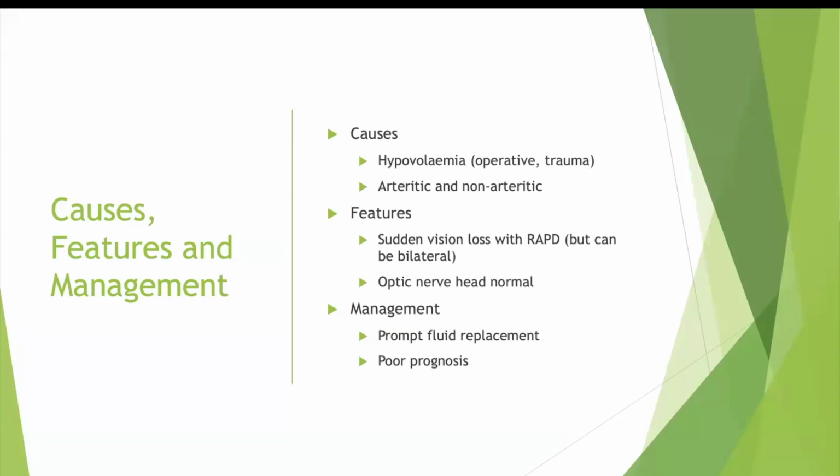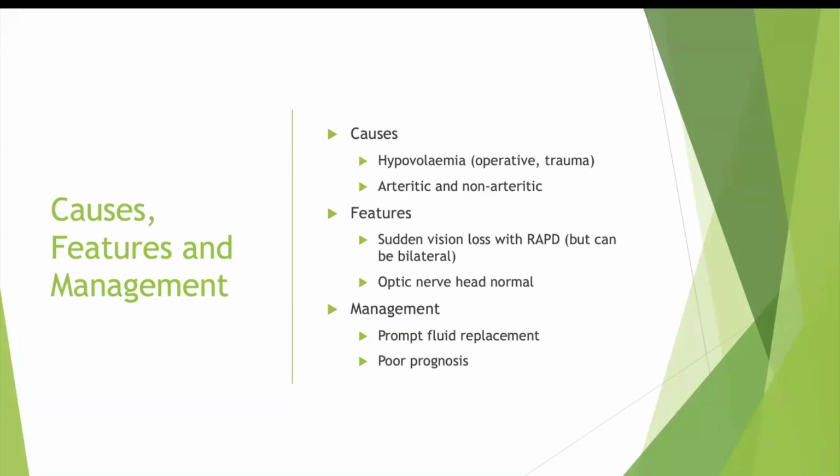So the main causes of a PION: the majority of the patients with PION will typically have had some sort of hypovolemic insult. That tends to either be peri-operative. So, for example, somebody's had major surgery, heart, spinal, orthopedic surgery, and they've had a hypovolemic, hypotensive episode during the surgery, and then when they wake up, they suddenly realize that they're not able to see.